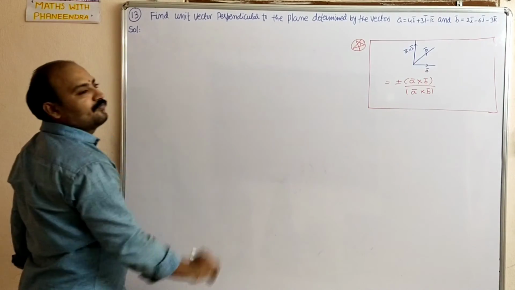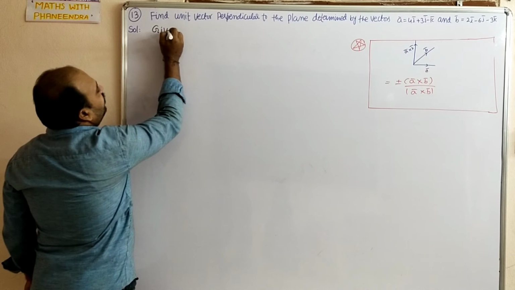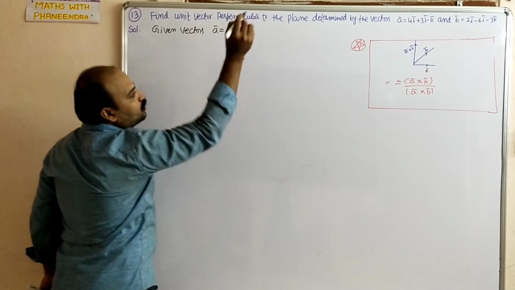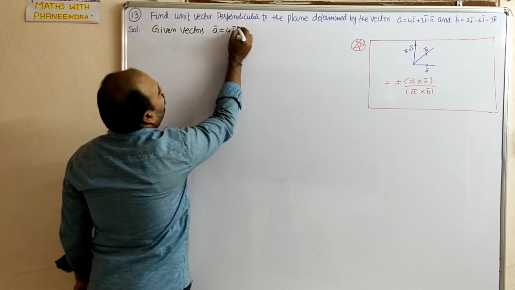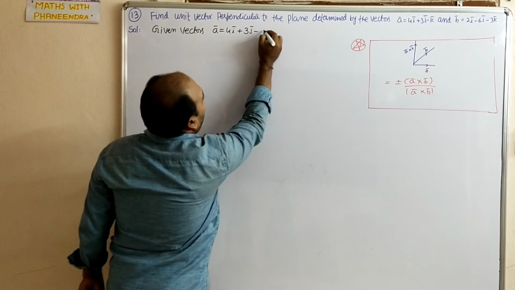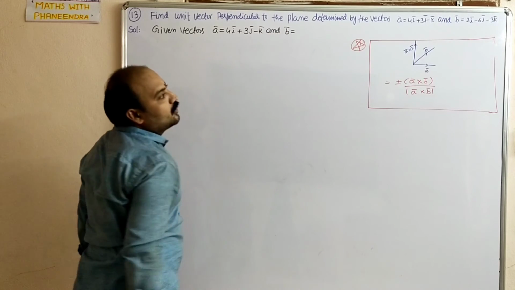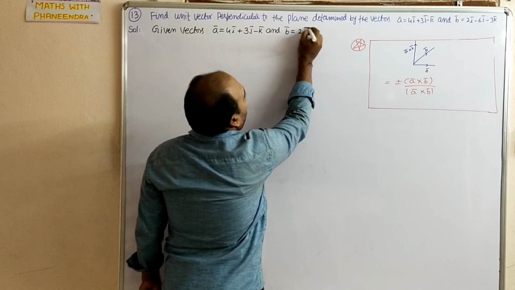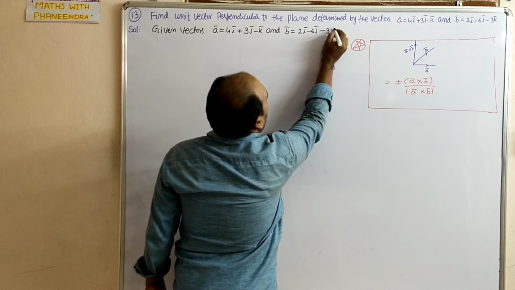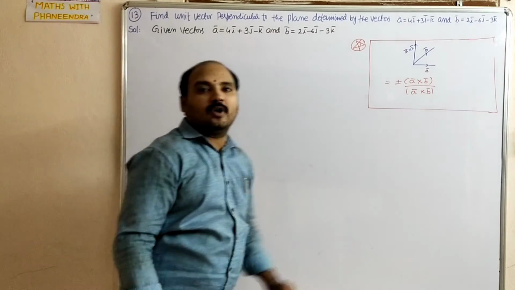This is the diagram. So first, given vectors A bar equal to 4i plus 3j minus k and B bar equal to 2i minus 6j minus 3k. Now calculate A bar cross B bar.